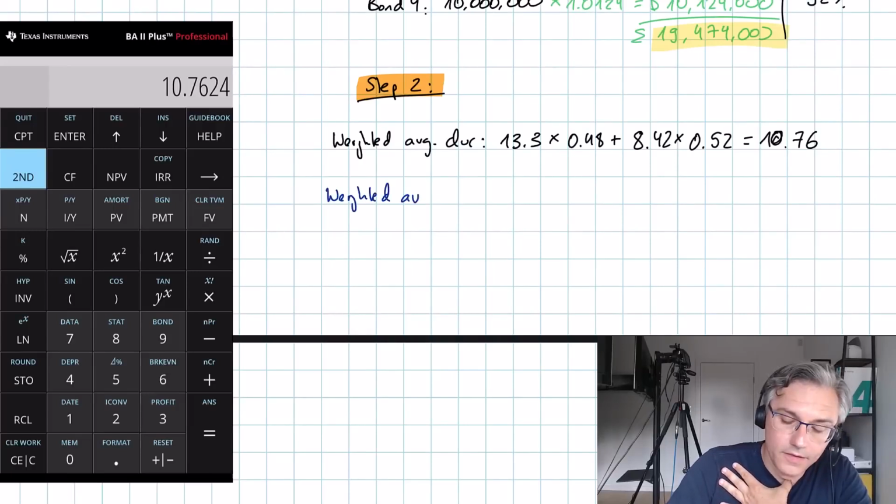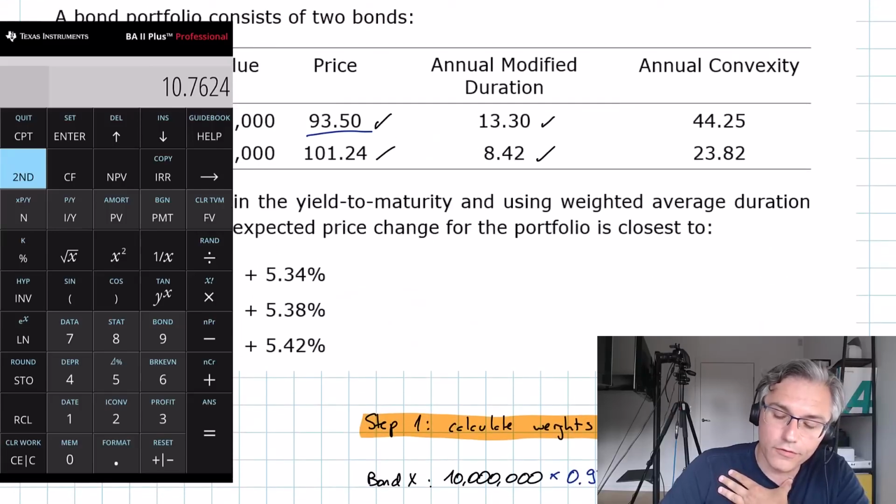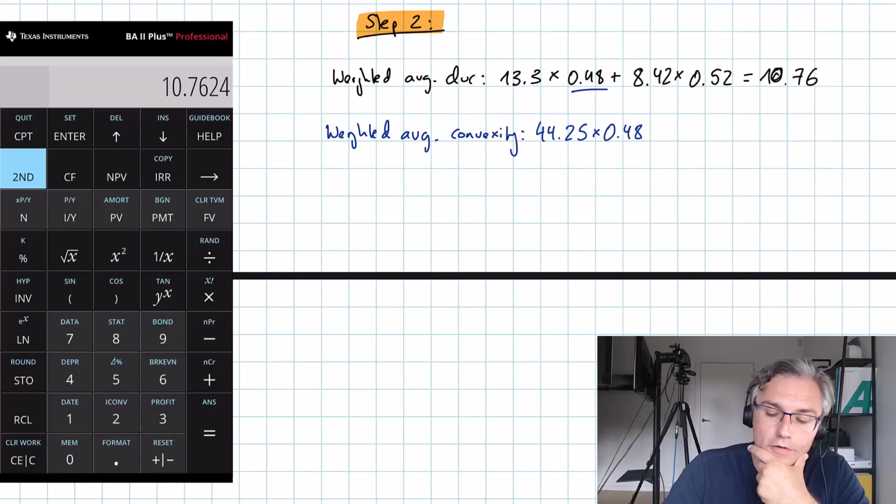Do the same with respect to the weighted average convexity. So let's take the right numbers. 44.25 for the first one, 44.25 times the weight, same weight as above, 48%.